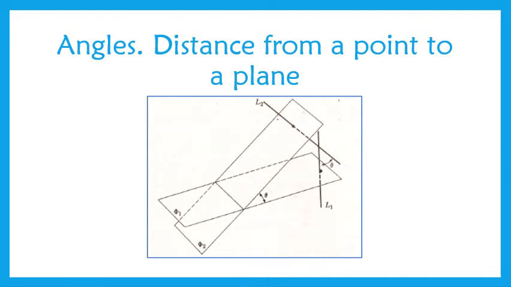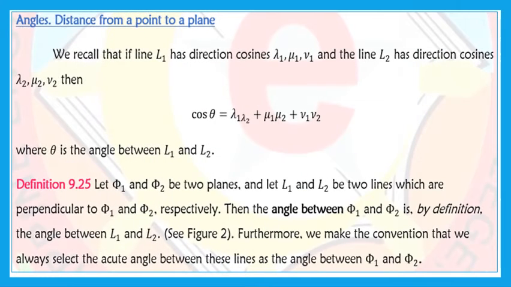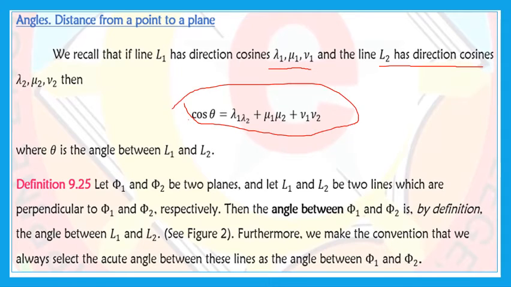So, the next topic in this module is the angles distance from a point to a plane. Okay, from a point to a plane na tayo. We recall that if line L sub 1 has direction cosines lambda sub 1, mu sub 1, and nu sub 1, and the line L sub 2 has direction cosines lambda sub 2, mu sub 2, and nu sub 2, then the cosine theta is equal to this, where theta is the angle between L sub 1 and L sub 2.